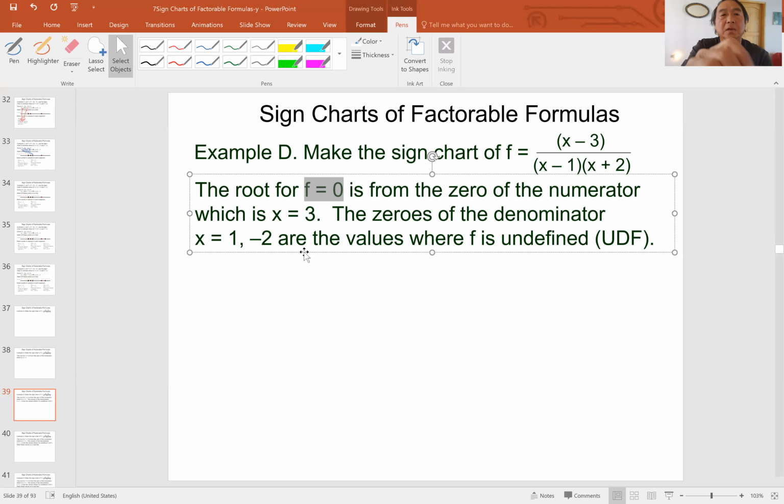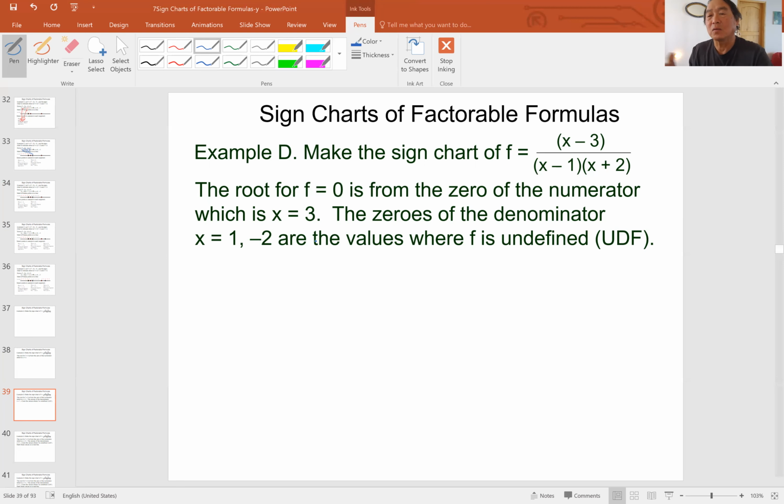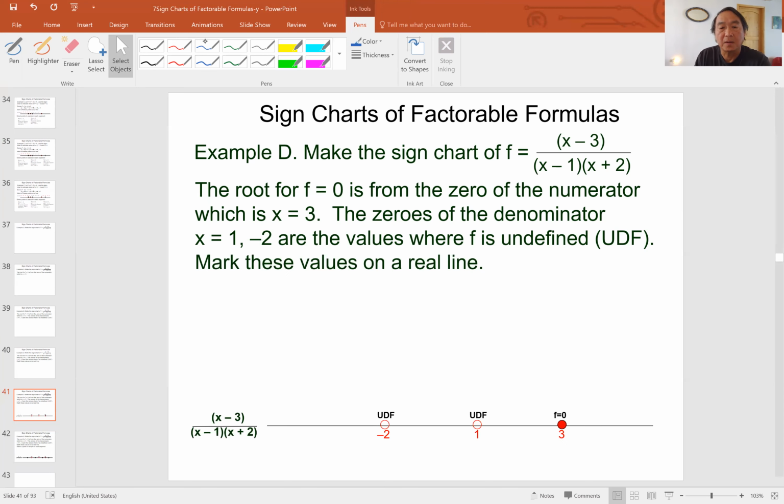In other words, plugging in these numbers, we don't get a positive or negative sign out of it. What we are interested in is where there are signs, positive or negative. Therefore, we have to mark all 3 of these points down.